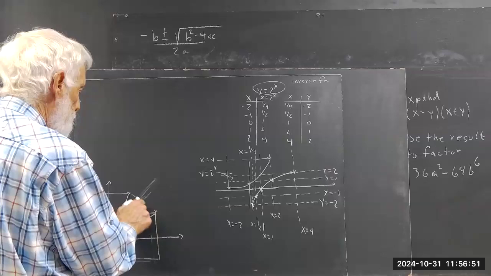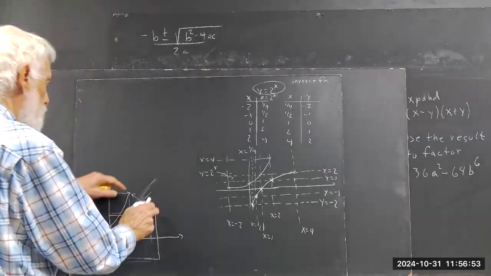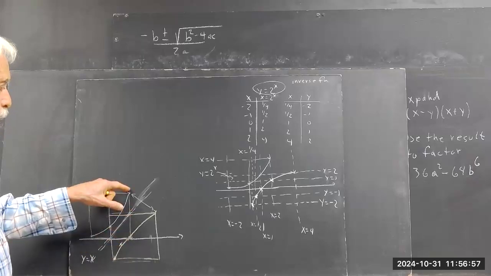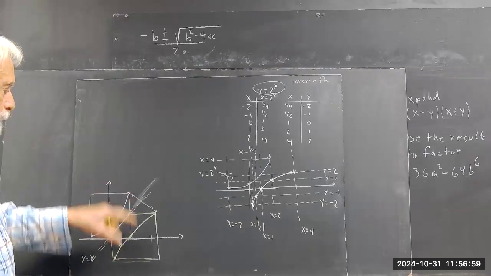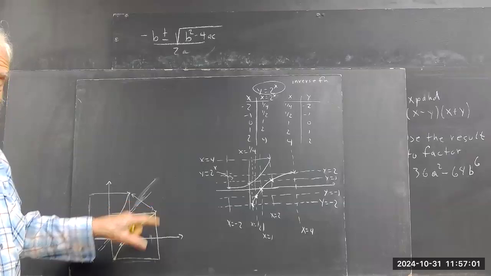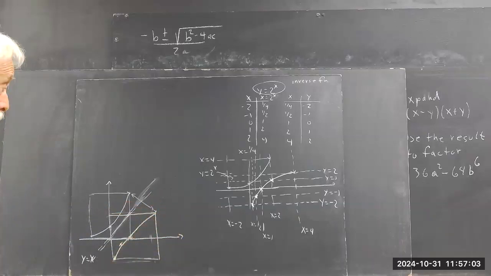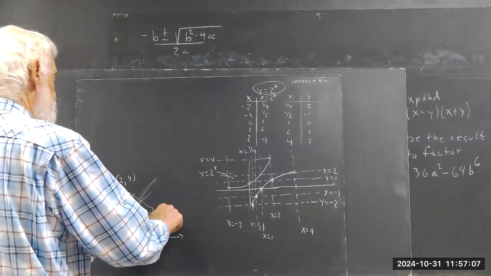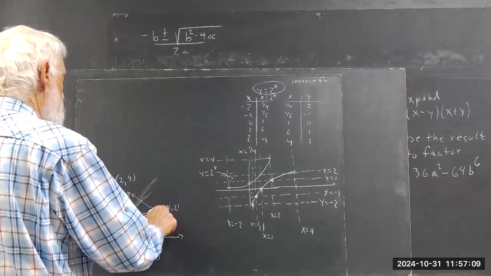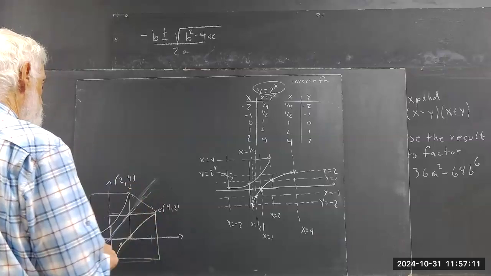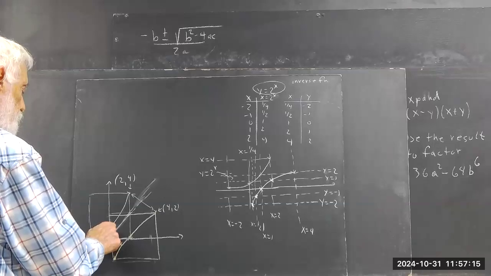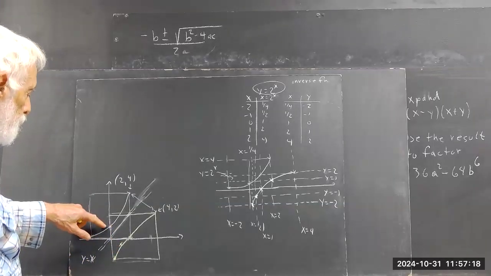But this point matches up with this point because this is a point 2, 4. This is a point 4, 2. The x and y coordinates have been reversed. Similarly, this point is 0, 1.